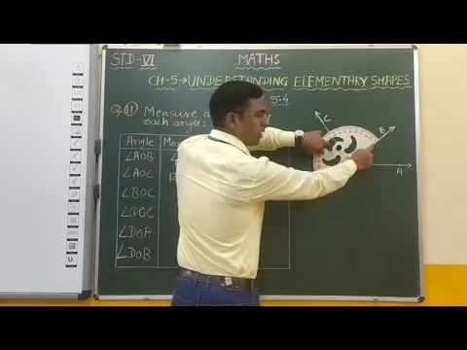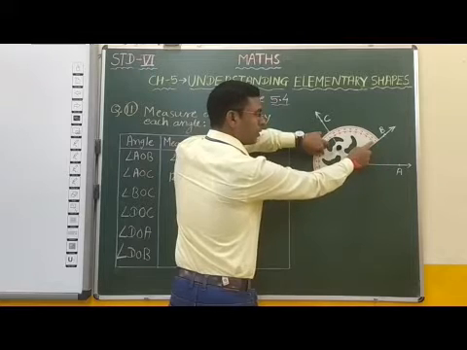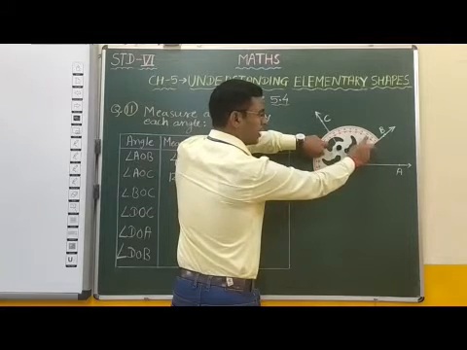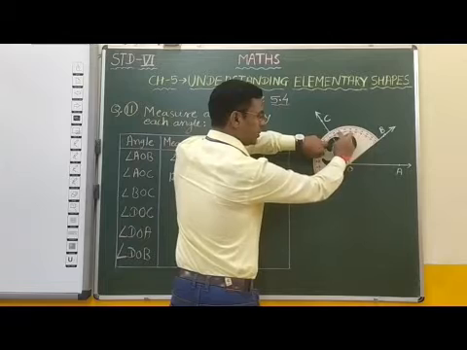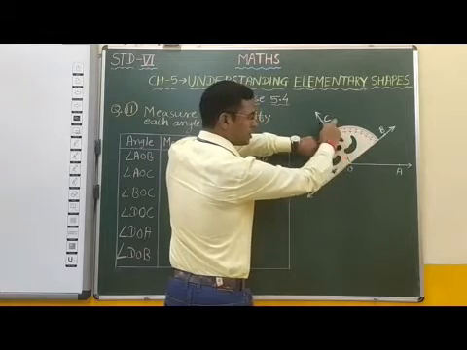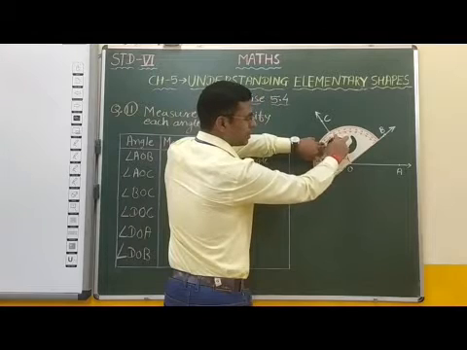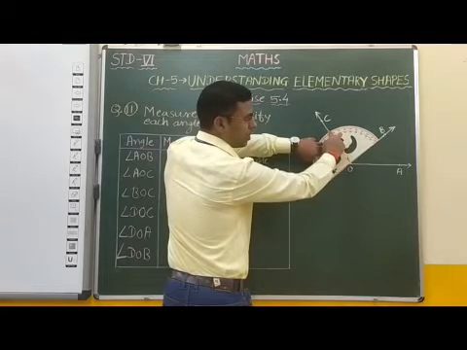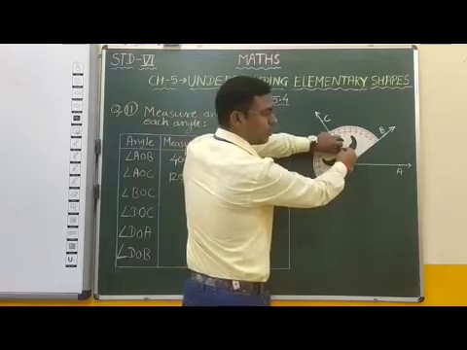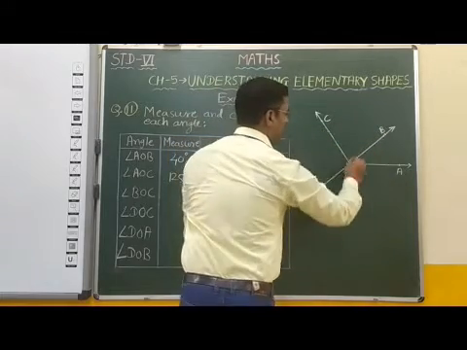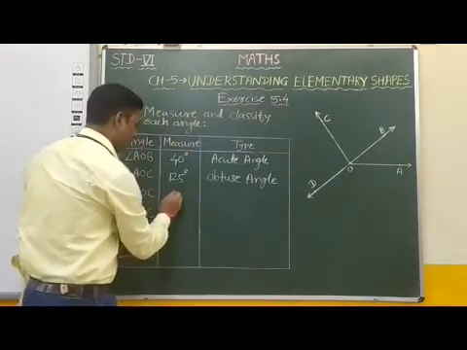Therefore, we count from the right side 0. 10, 20, 30, 40, 50, 60, 70, 80. And this second ray lies between 80 and 90, and it is exactly on 85. Therefore, the measure of this angle BOC is 85.